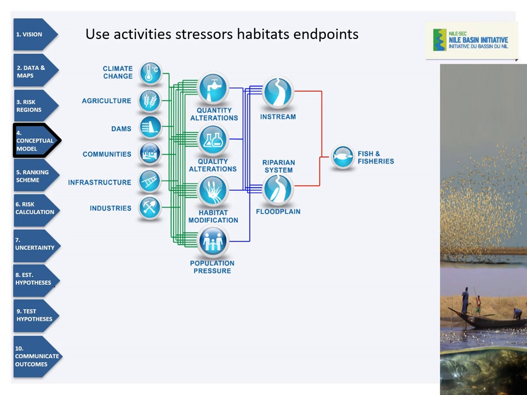So although we need an understanding of what is driving the system, we could then unpack it and build these socio-ecological models that represent different parts of the system for each of these different risk regions.